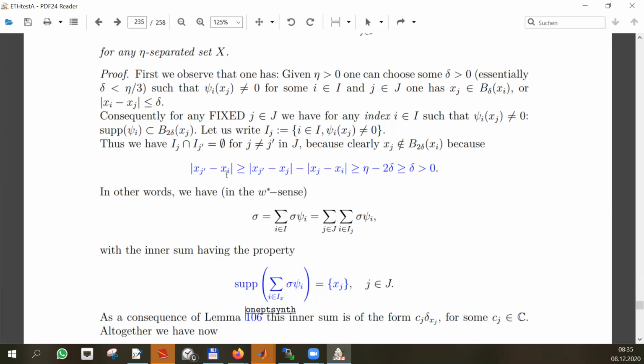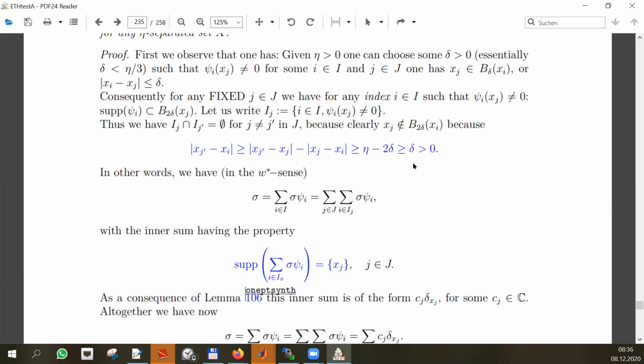And the argument here is quite clear, because if you're at the center of the psi with the number I, then the sampling point x with the number j prime, which is different from the one which we have used for the starting point, is at most this distance. So this is the big distance, which is eta, minus the small distance, which is 2 delta. So they are too far away to have some.